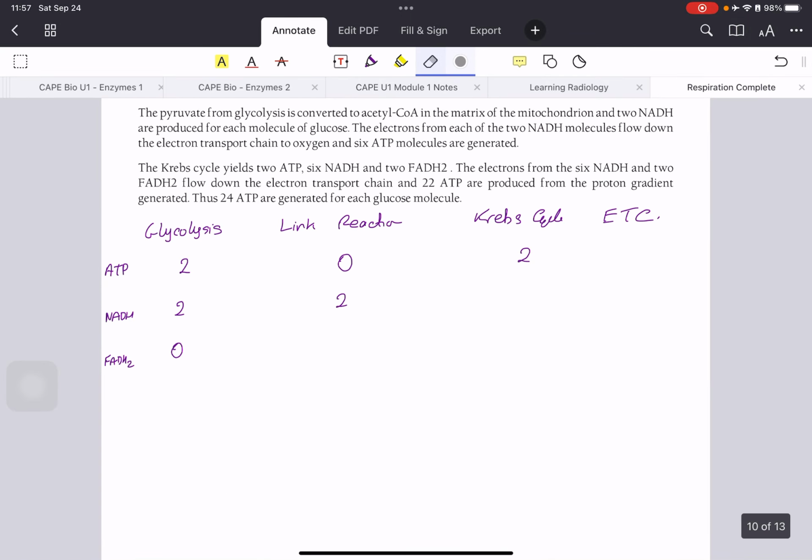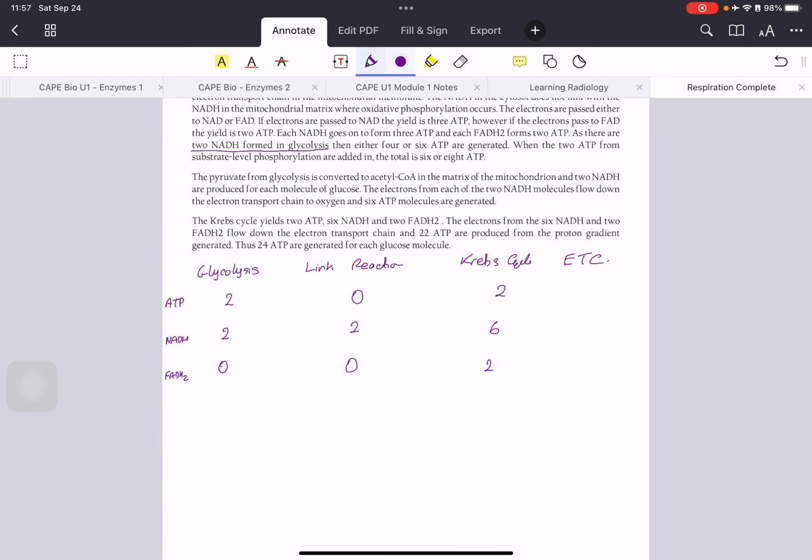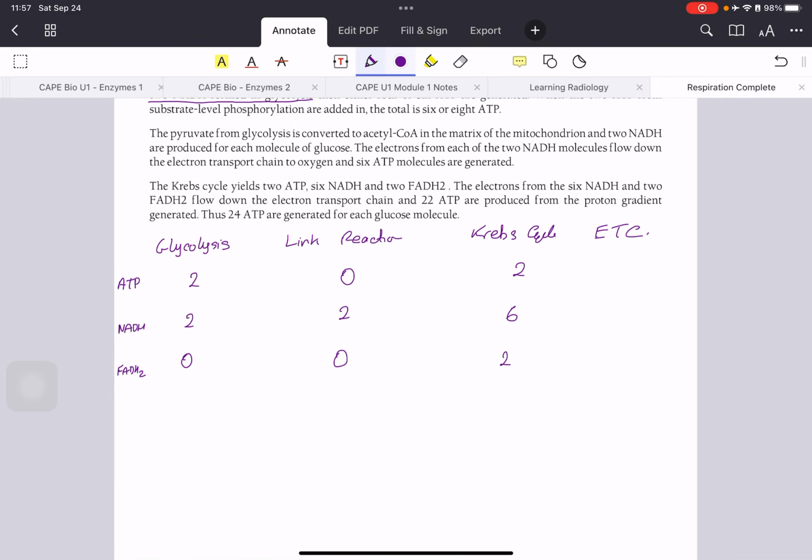So in the Krebs cycle, we make 6 NADH molecules and 2 FADH2 molecules. Right. And now we can actually use these two to calculate how many ATP the electron transport chain will make.